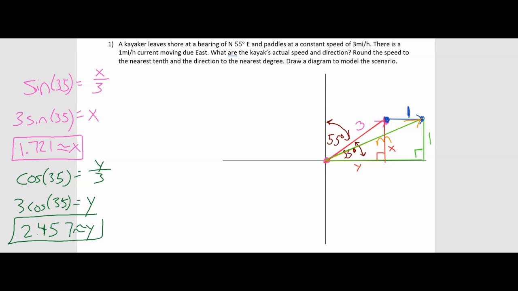Height of the red was 1.721, approximately. Height of the green is 1.721. If I think about the base of the green, well, that's y plus 1. So that ends up giving me 3.457.